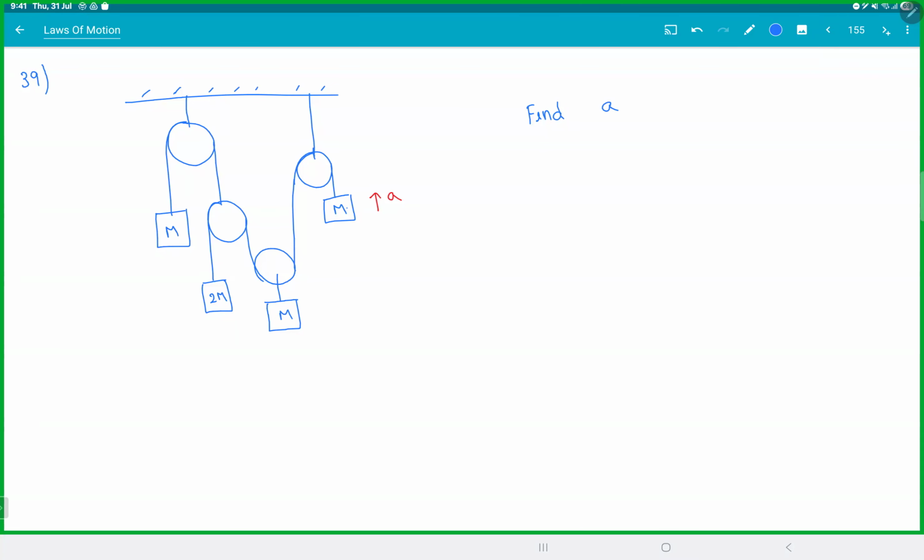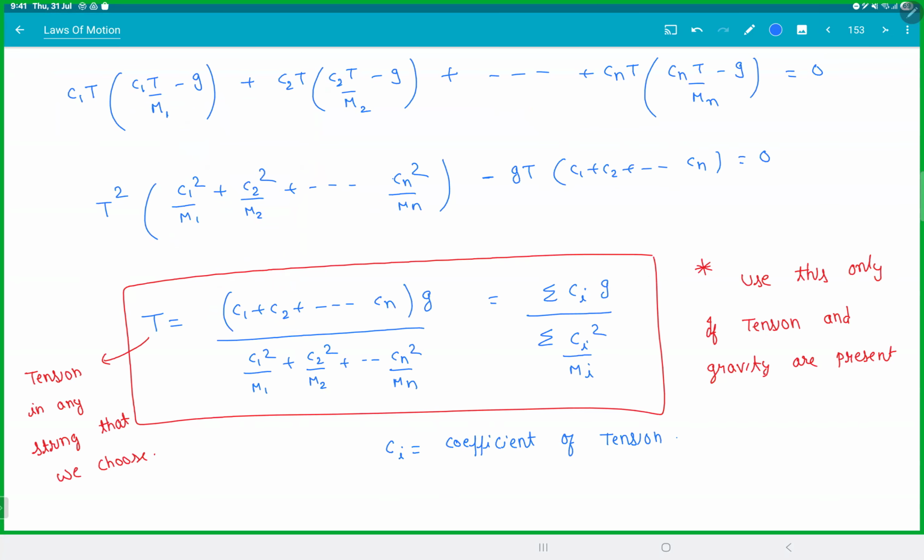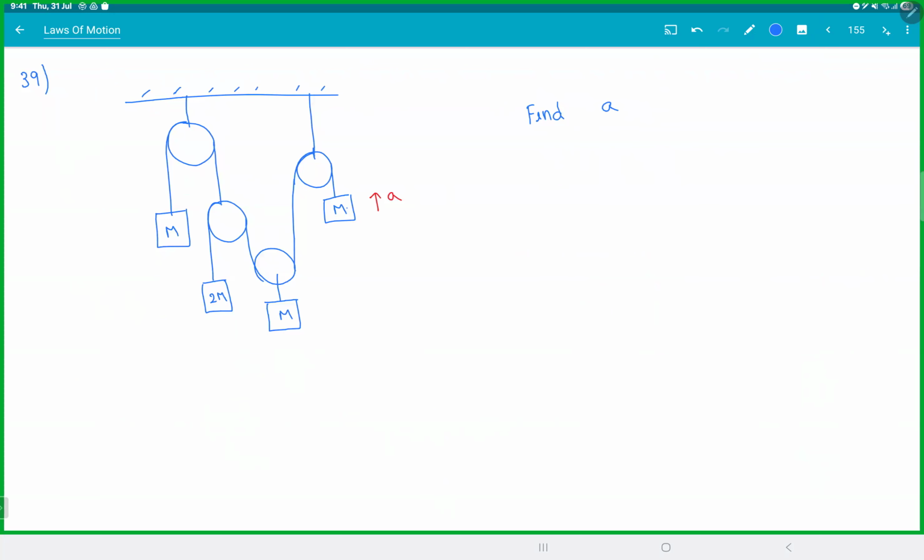Here, if you try to use the pulley equivalent, I can't use it fully. I can use a general method, but there will be 4 equations. It gets really messed up. See, there are only strings connected here, so this formula works. When you have a complex system of 4 or 5 blocks and all are connected by strings, then this method really works well.